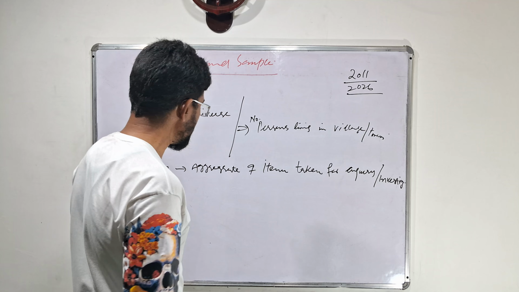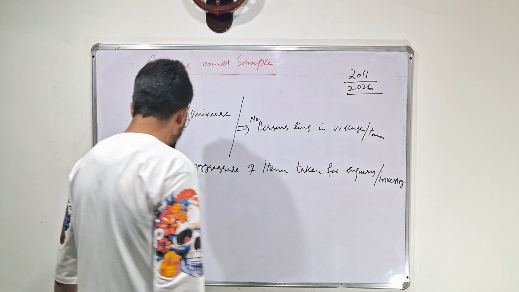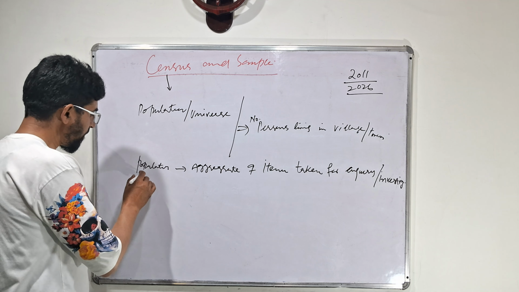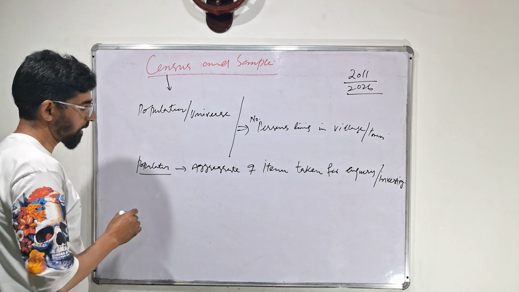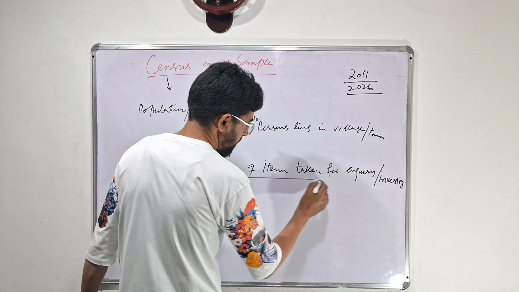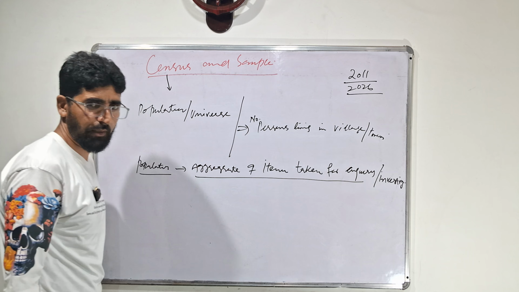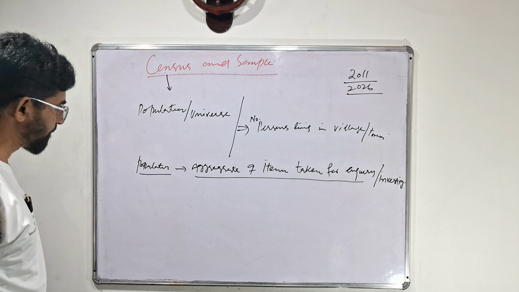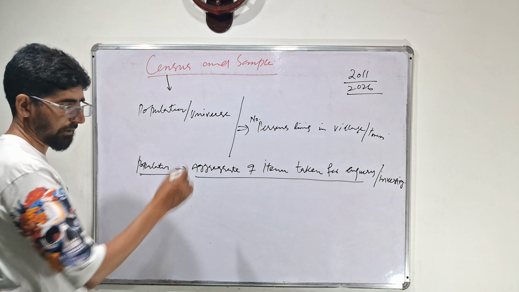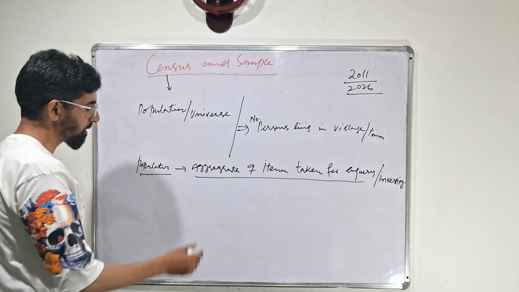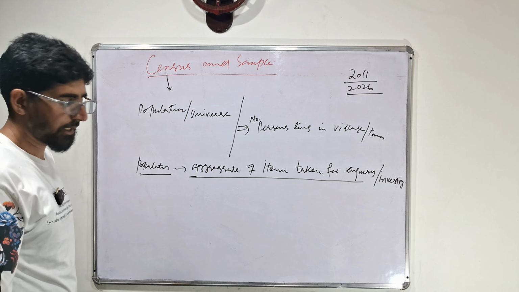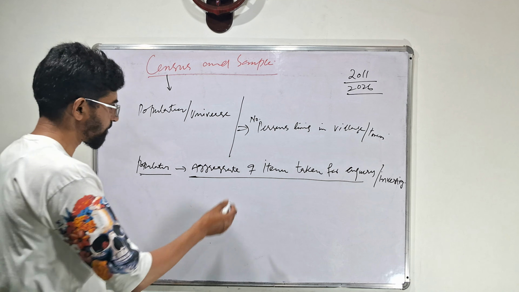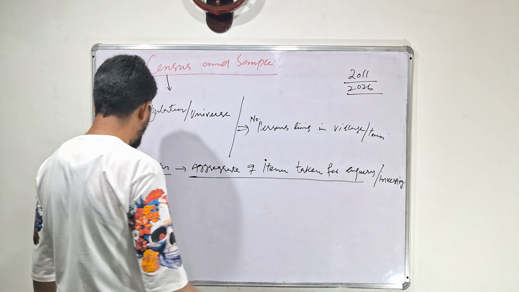Whenever I talk of population in statistics, you have to consider the aggregate of items taken for inquiry, not the number of persons. Meaning in statistics, we count population as a number of items.